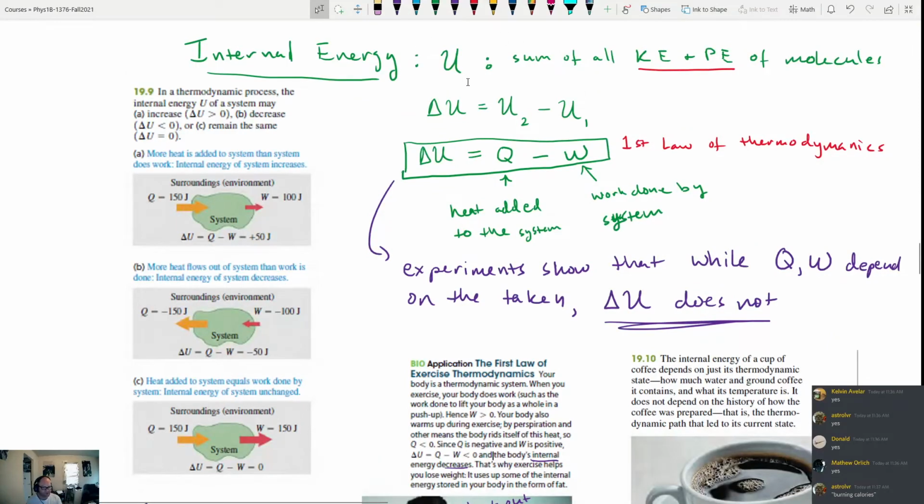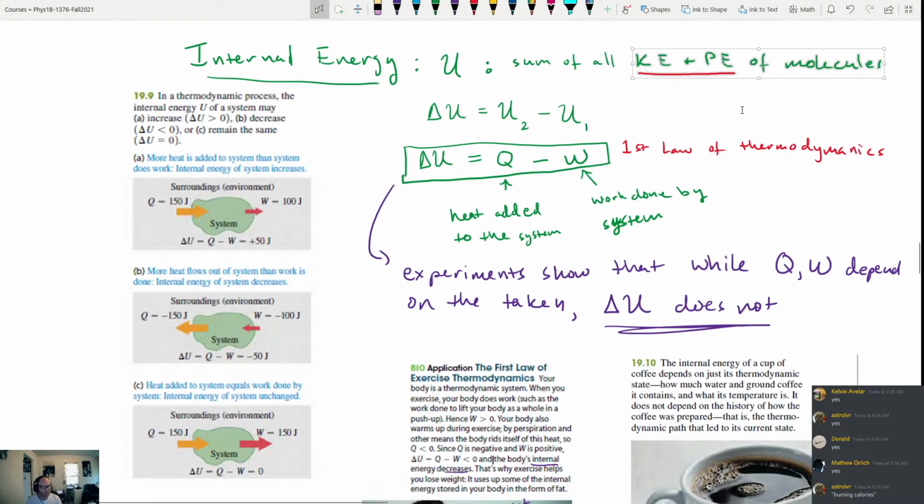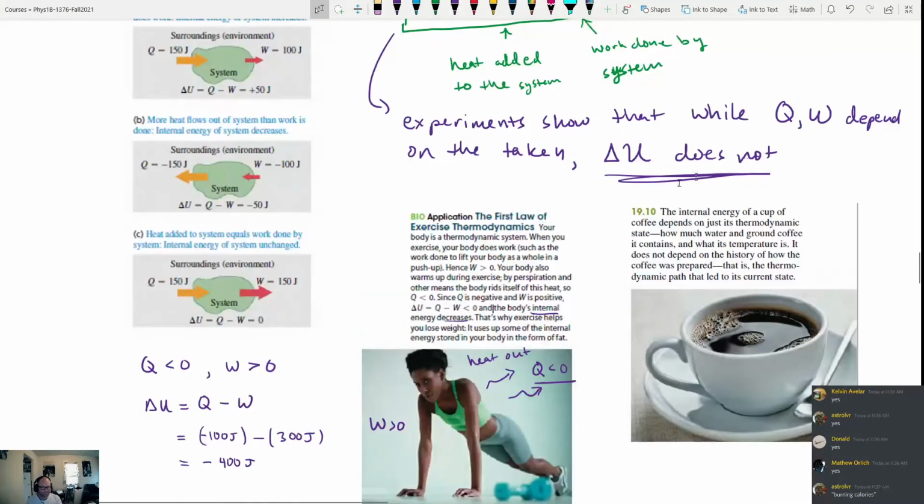Remember that internal energy was the sum of all kinetic and potential energies of molecules, stored up in fat molecules, for example. Or when you eat carbohydrates, you have energy inside of those molecules. And we're effectively burning them or sending them out of our body by doing this process, okay?